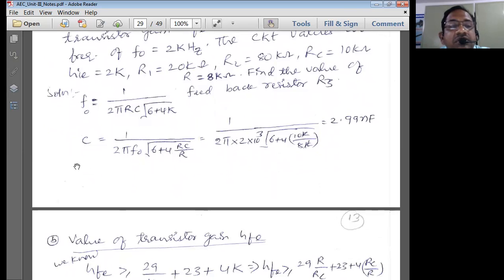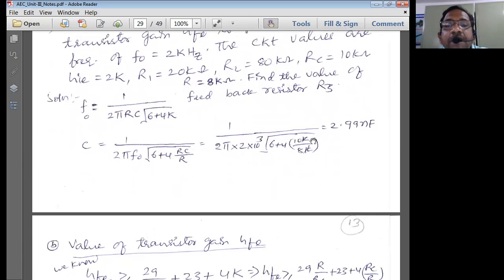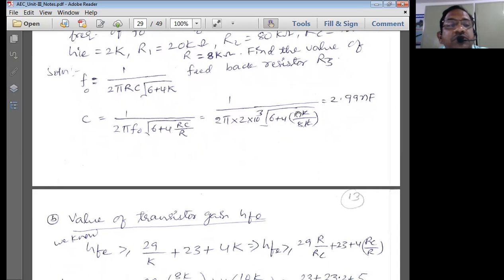Let us substitute in the formula to find C. Frequency is 2 kilohertz. What is K? K is RC by R. RC is given as 10K, R is given as 8K. Just substitute them, and we get the value of C as 2.99 nanofarads.